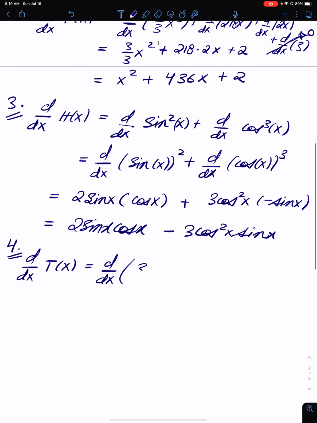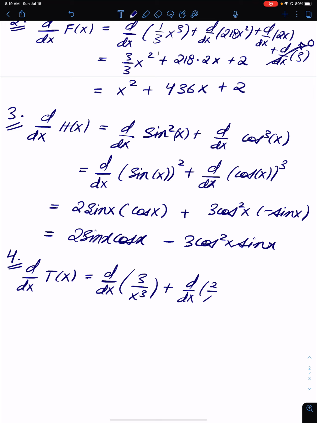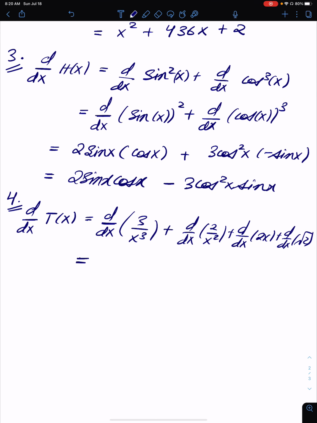It's the derivative of 3x cubed plus the derivative of 2 over x squared, derivative of 2x plus the derivative of root 2. And I'll let you complete the rest. Hint, again, remember 1 over x is also equal to x to the minus 1.